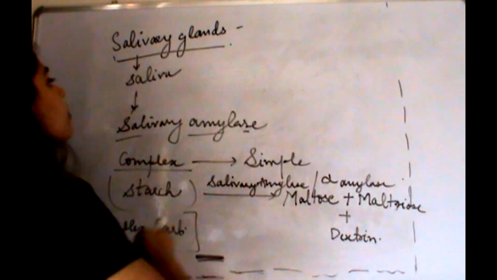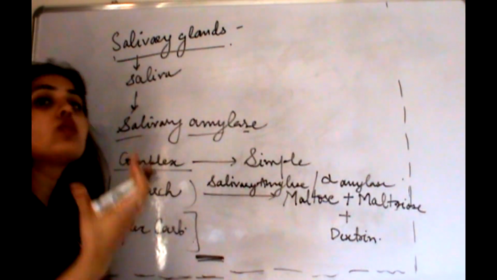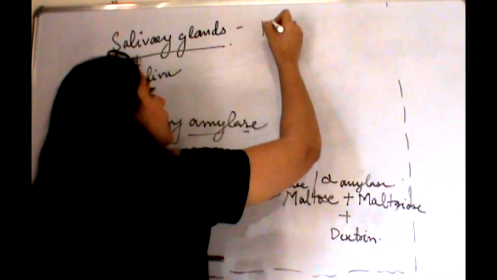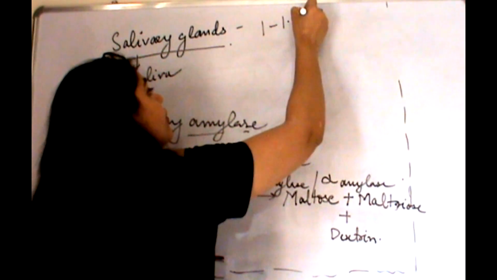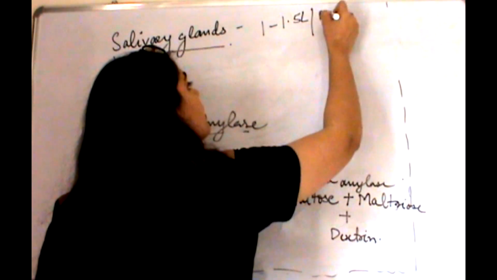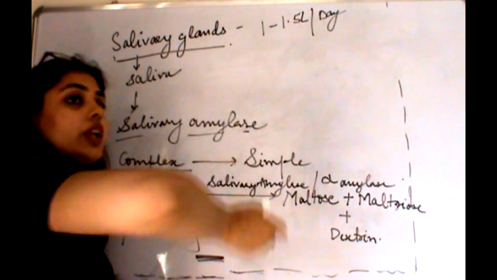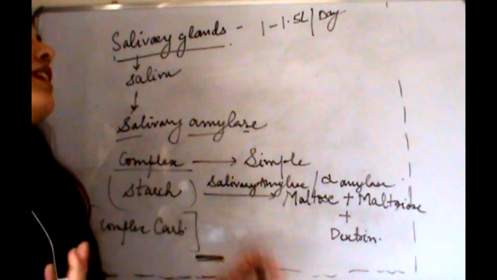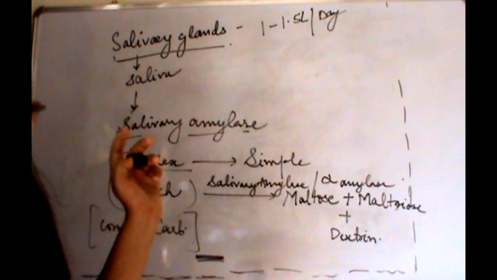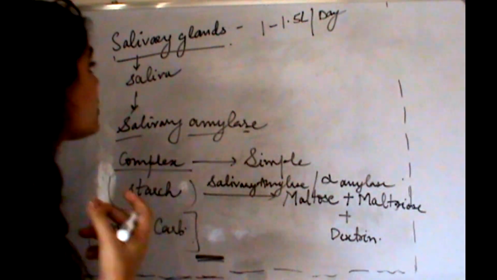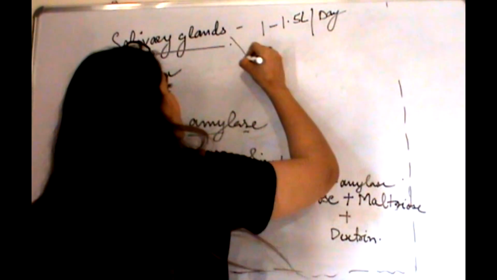Now let's talk about how much saliva is released on a daily basis. About 1 to 1.5 liters per day is released by our salivary glands inside our buccal cavity, right? So what is the pH?